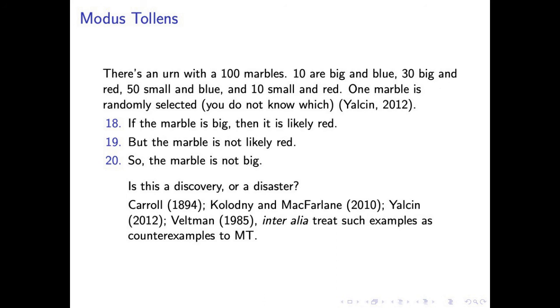You can easily see that if you think that the conditional is going to be accepted just in case hypothetically updating with the antecedent lets you in the context in which the consequent is accepted, then you can describe a state that accepts both 18 and 19, but in which will fail to accept 20, right? Or, in other words, you can describe a state that you can update with 18 and 19, and you're not going to end up in a state that's going to accept 20 as well.